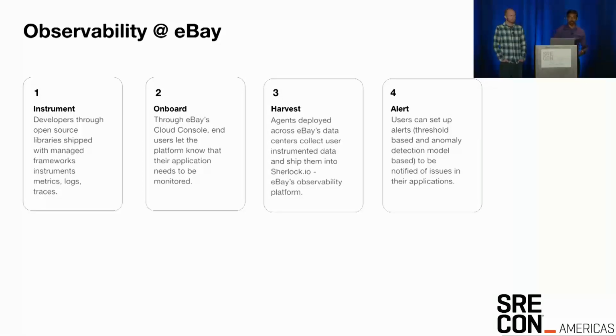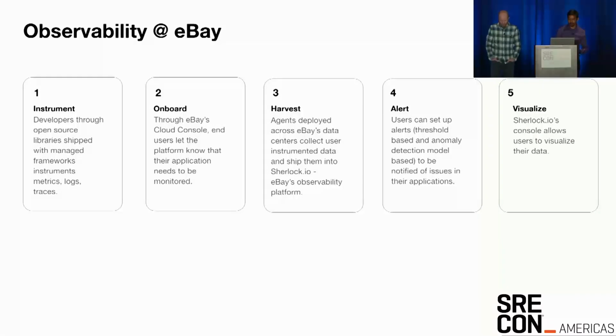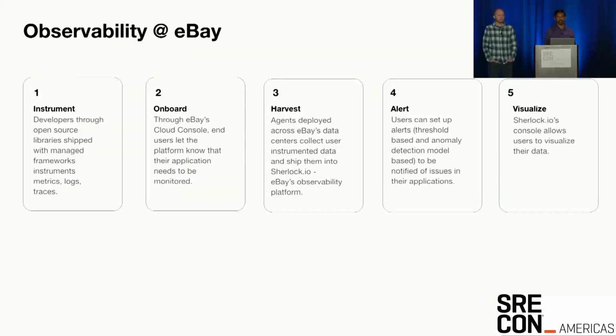And after this, the user has the ability, depending on if it's a log, if it's a metric or a highly structured log or event, they should be able to set up either threshold-based alerts or use one of our ready-to-use anomaly detection models to be able to detect if there are any issues with the application. Or they can use our console to be able to visualize their data in the form of dashboards.